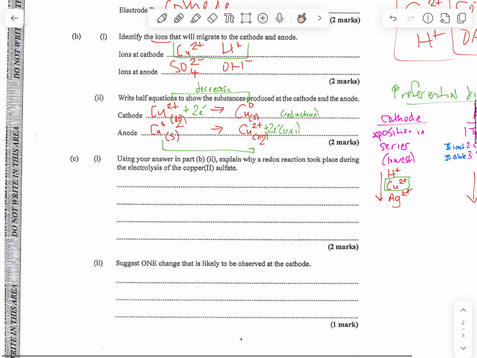Next question. Using your answer in part B, explain why a redox reaction took place during the electrolysis of copper sulfate. This one is very simple. Redox reactions involve electrons.